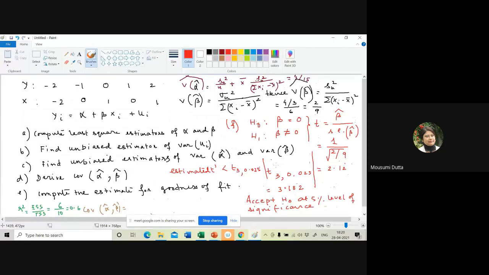Once you get the idea, after that we can use a longer database. So we are moving to part G. Part G is you need to set interval for alpha hat and beta hat.